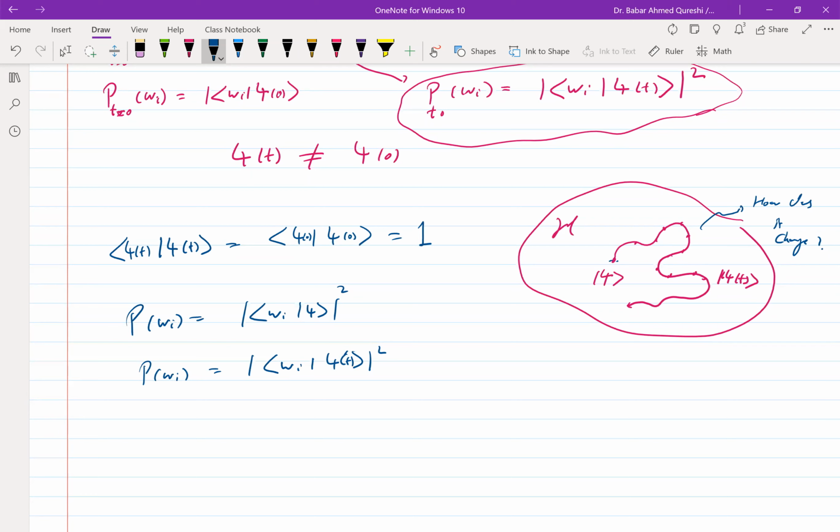And if it is not normalized, then these probabilities will not sum to 1. So if they sum to 1, then this has to be still equal to 1.